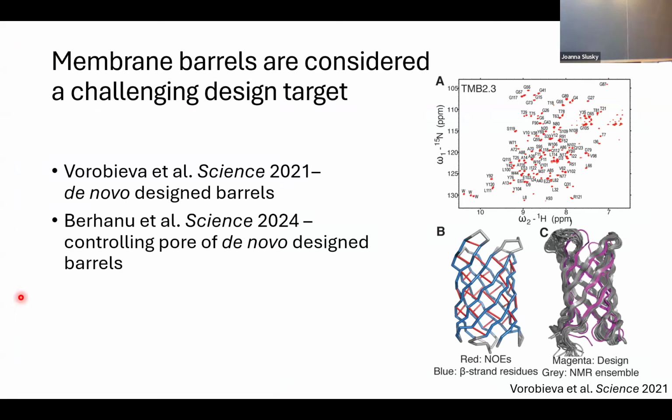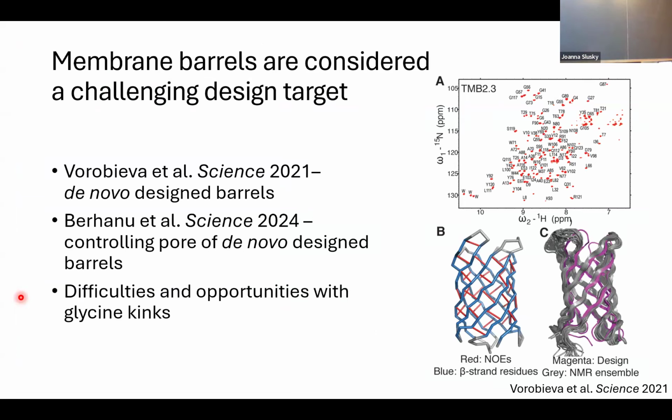Again, I believe that design was also parametric. And throughout that work, one of the standout scientific facts, I think, was that there were difficulties, but also opportunities with using glycine kinks.